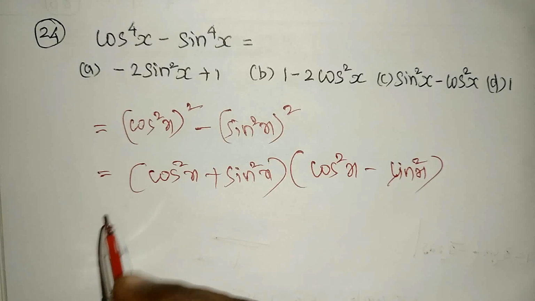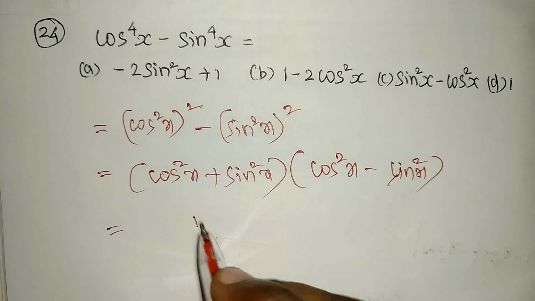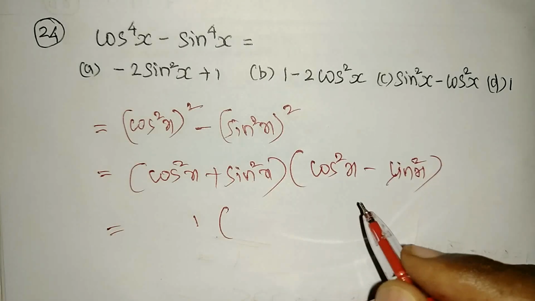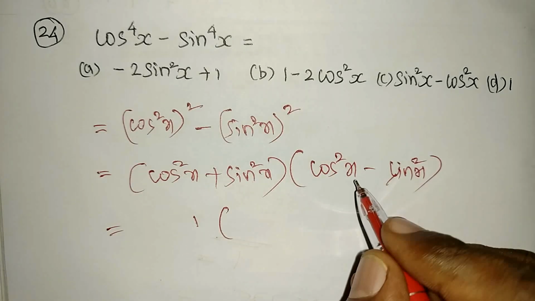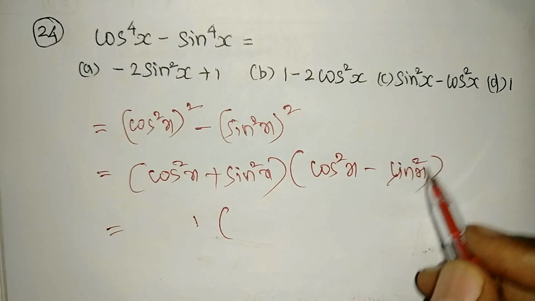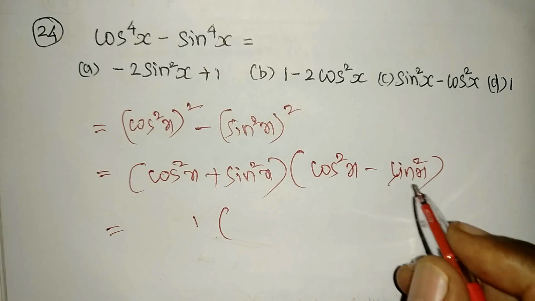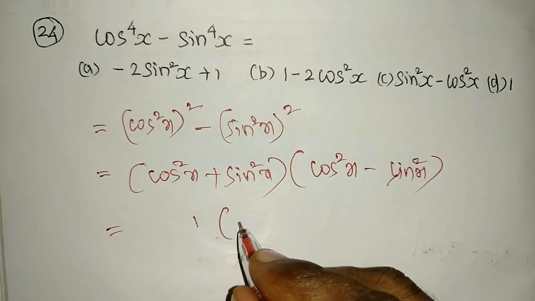Now this is fully 1, we know, because this is the identity sin square plus cos square equals 1, so leave it. And here we have to simplify. So we have two chances. Cos we can change in the form of sin, and another one, sin we can change in the form of cos. So both we'll try. First I'm changing cos.